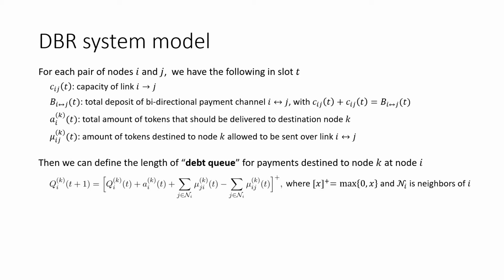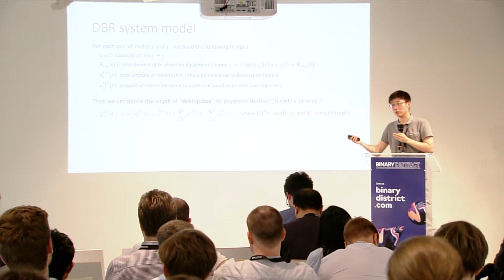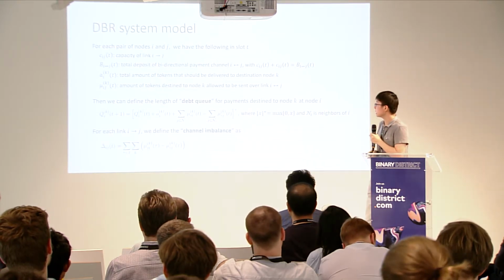We can construct the data queue through these equations. Since we may not have time to go through all the details, it's basically how much value you want to transfer through it but is still waiting. We can also define the channel imbalance, basically the difference between the 2 directions. This data queue corresponds to the differential backlog we talked about before, along with the channel imbalance.